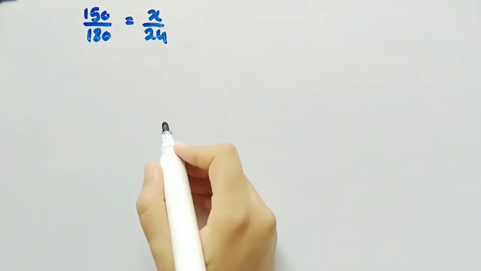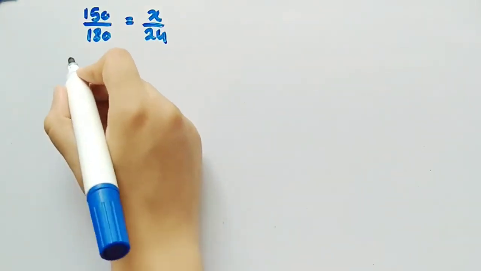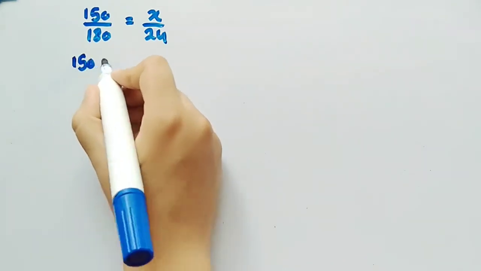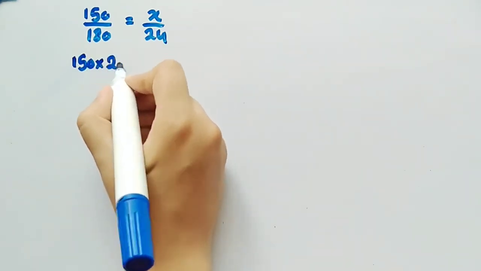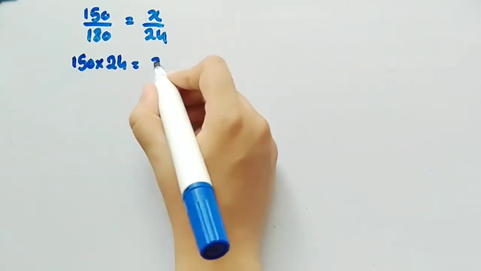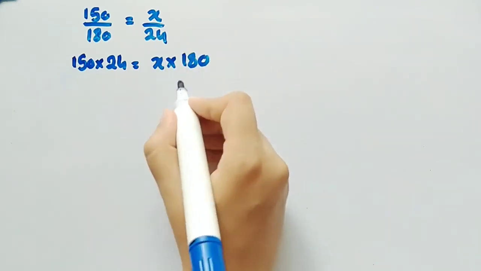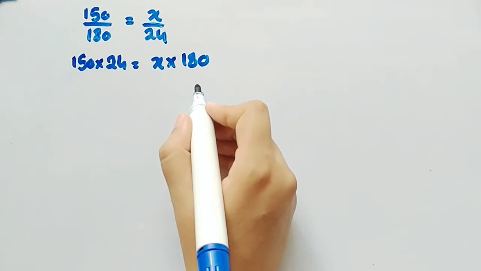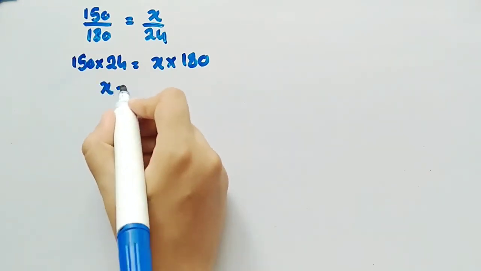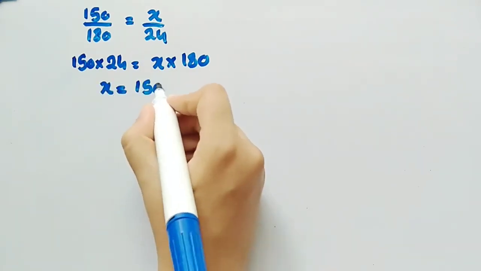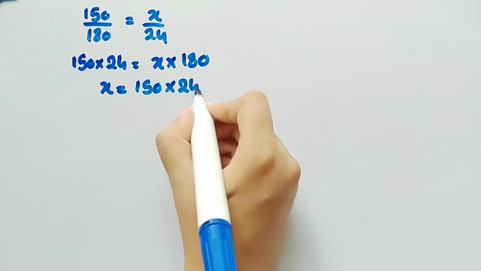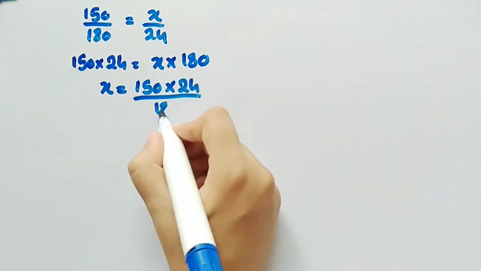By cross multiplying, we get 150 multiplied by 24 equal to X multiplied by 180. Now dividing both sides by 180, we get X equal to 150 multiplied by 24 divided by 180.